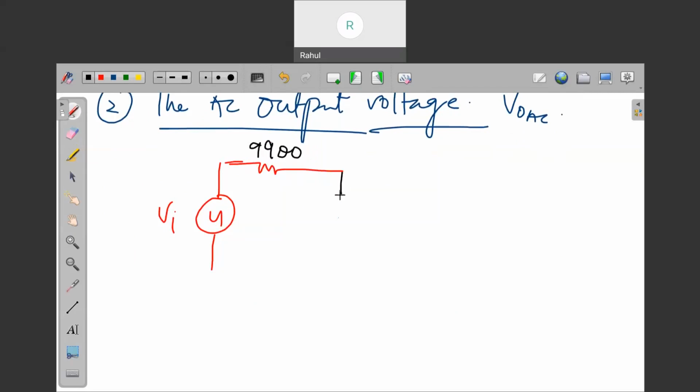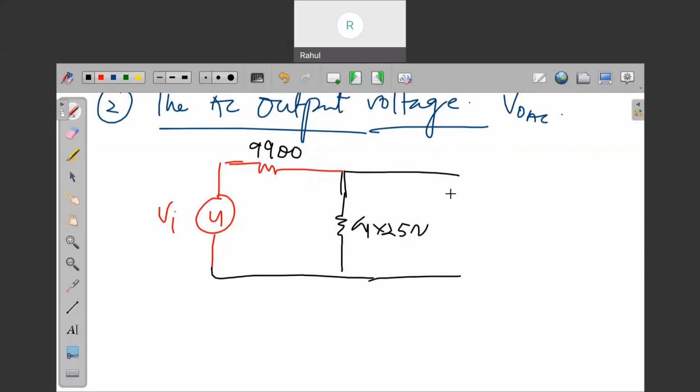Now there are 4 diodes, so 4 times 25 ohm, already we have computed the resistance. And you have to find the V out, and the AC voltage is Vp cos omega t.